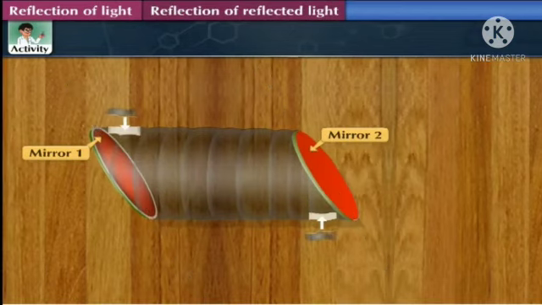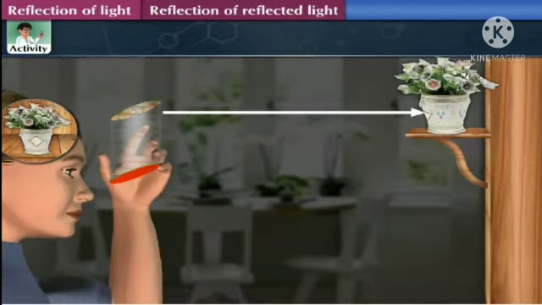Make two windows of 1 inch each near the two mirrors. Now see through the bottom window. Make note of what you see.